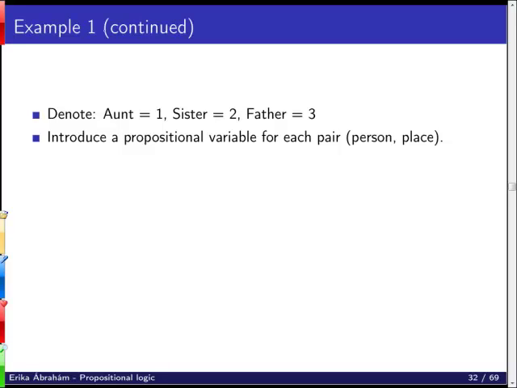so we need 3 bits. Why do we need 3 bits? If I have n values, let's say the natural numbers 1 to n, and I want to encode it in propositional logic with propositional variables, how many bits do I need?